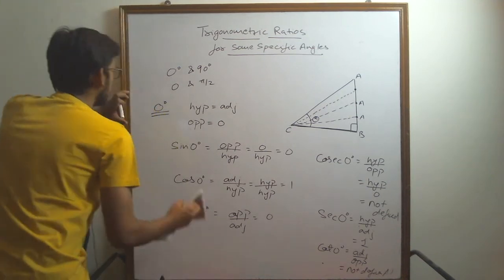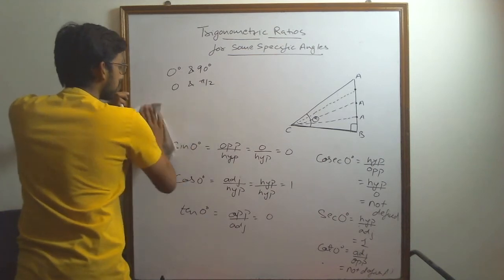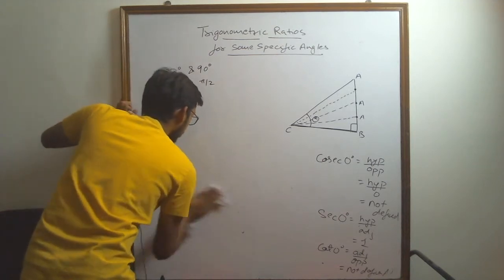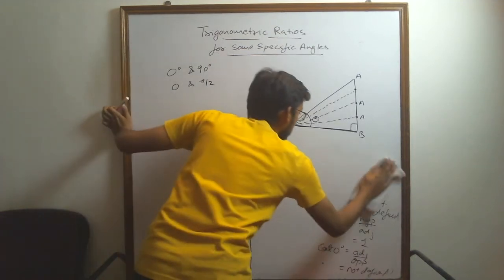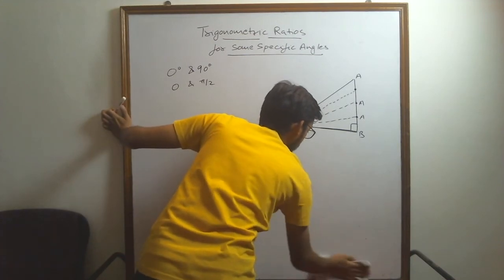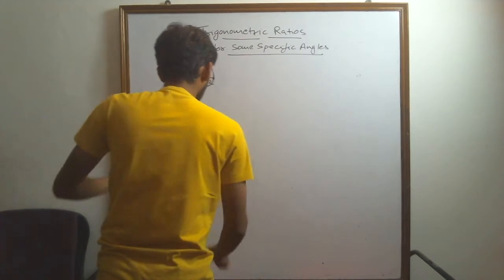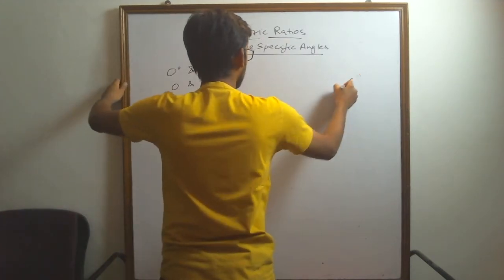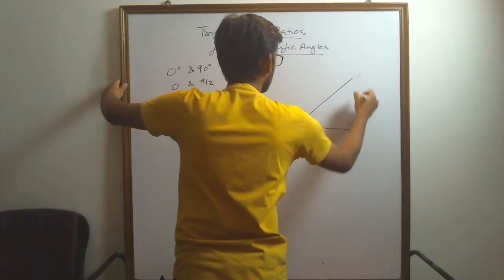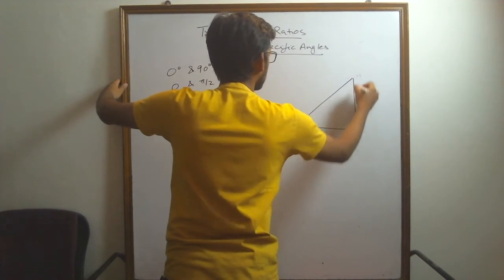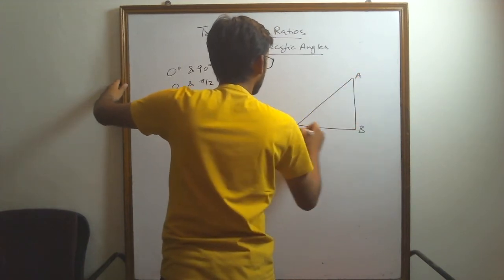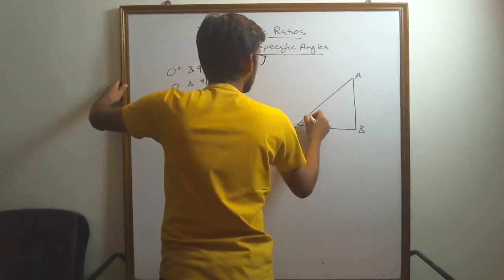Let's look at 90 degrees. What happens if we try to make the angle 90 degrees? So I am making the triangle again. Now this angle is theta.